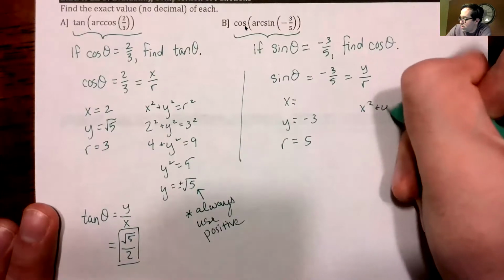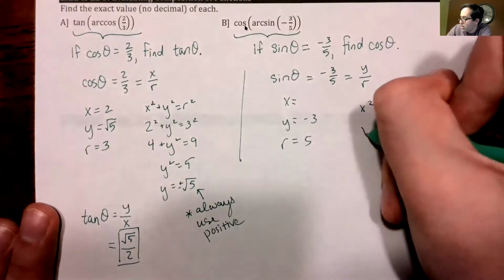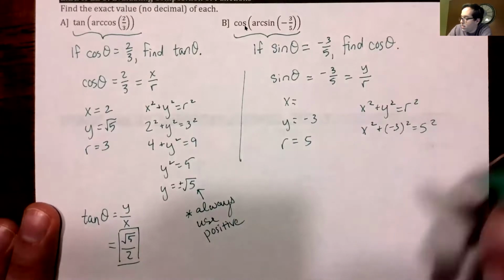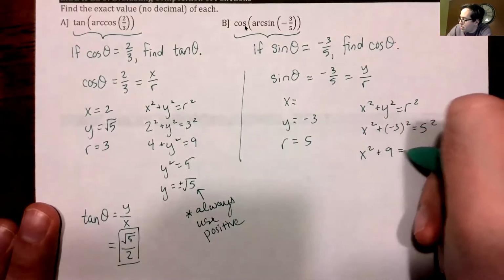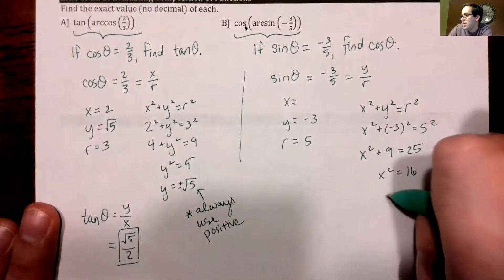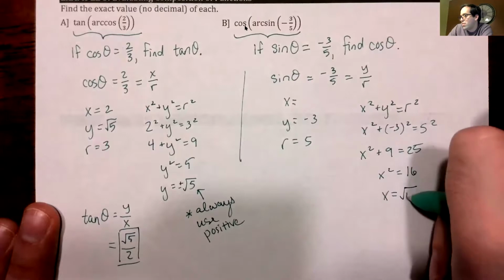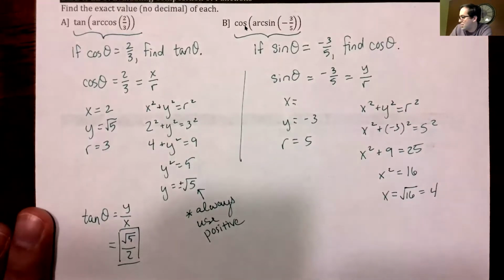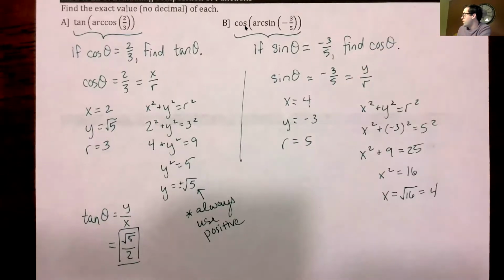So x squared plus y squared equals r squared. x squared plus negative 3 squared equals 5 squared. So x squared plus 9 equals 25, so x squared equals 25 minus 9, which is 16. So x is the square root of 16, which is 4. And like I said, we're going to make it positive, because if you look at arc sine, we were missing the x value.